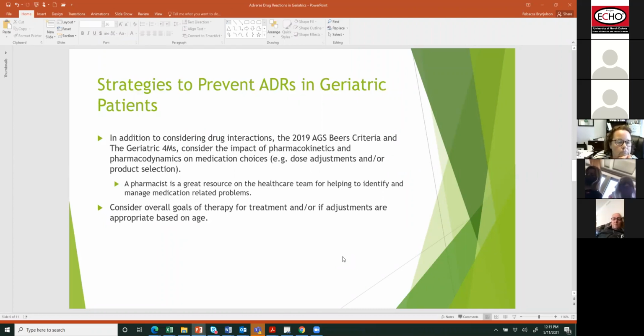So, strategies to prevent adverse drug reactions in geriatric patients. In addition to considering drug interactions, the AGS-Beers criteria and the geriatric 4Ms consider the impact of pharmacokinetics and dynamics on medication choices. So we want to think about dose adjustments and product selection.